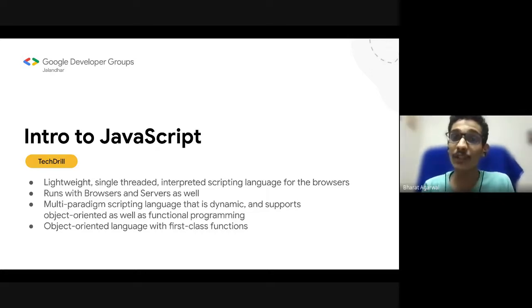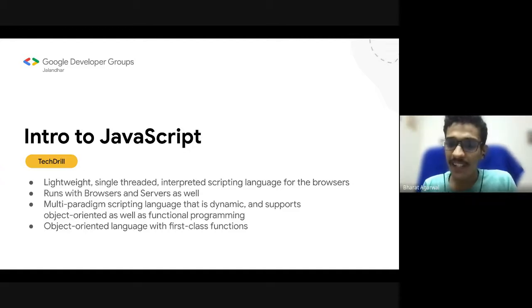Since it runs in a browser, it should be that optimized to run on web pages and web browsers. Today JavaScript is not only for the web, but it also runs on servers. And actually, not only on the server itself, it can run on any device which has a JavaScript engine with it.